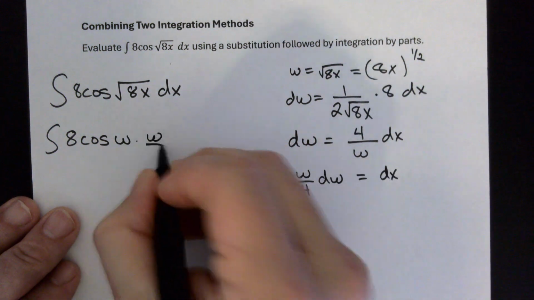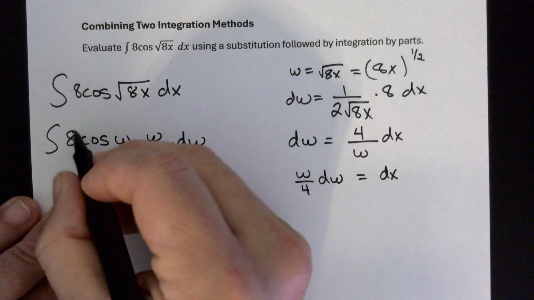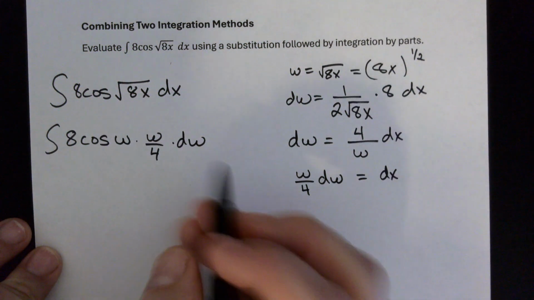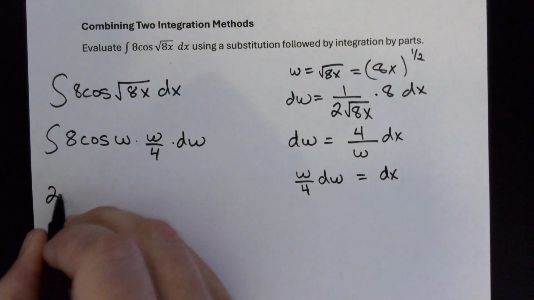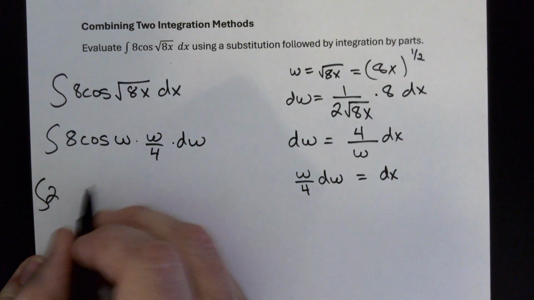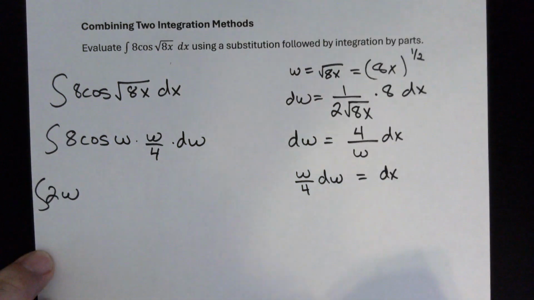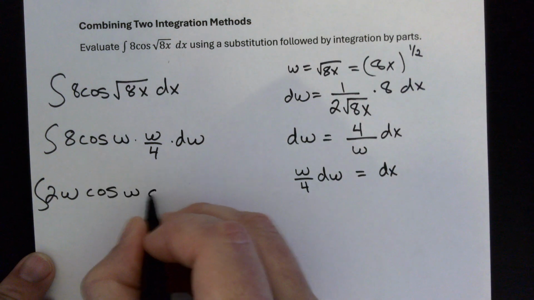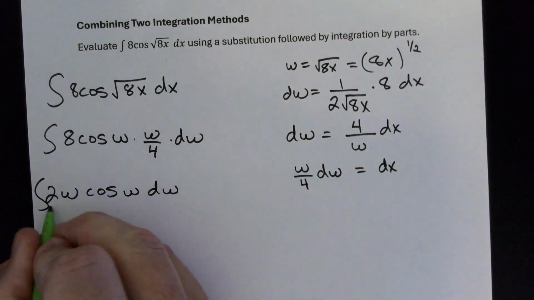So it's 4 things being multiplied: the 8, the cosine, the w over 4, and the dw. The 4 is on bottom, the 8 is on top, so 8 divided by 4 is 2. This whole thing reduces to 2w, and then the cosine is there, dw.